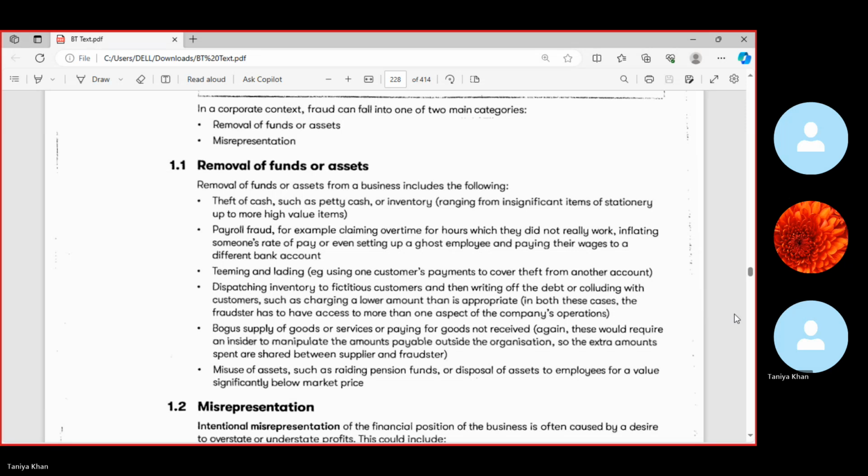Suppose the manager receives payment from A and retains it himself. When he receives payment from B, he shows it as payment from A. When he receives payment from C, he shows it as payment from B. This is termed teaming and lading, and in this way his fraud will not be detected easily. Is it clear?